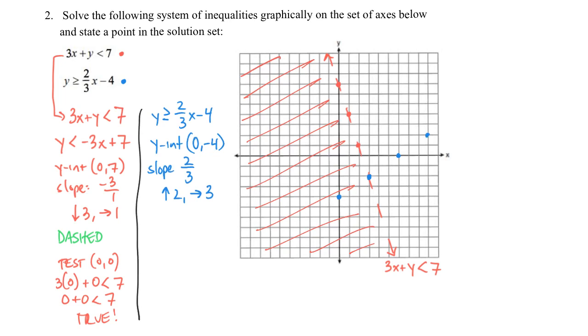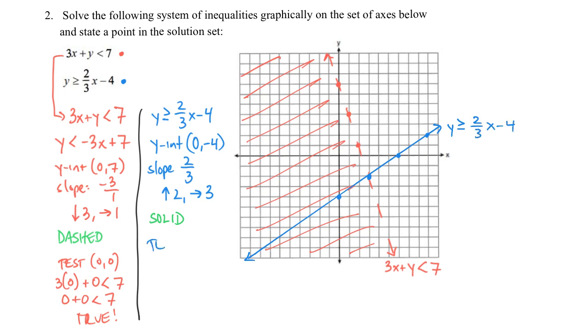I notice that this one has the equal to. It's greater than or equal to, which tells me that this is going to be a solid line. So I'm going to take my ruler, draw in my solid line, and give a label. y is greater than or equal to 2/3 x minus 4.